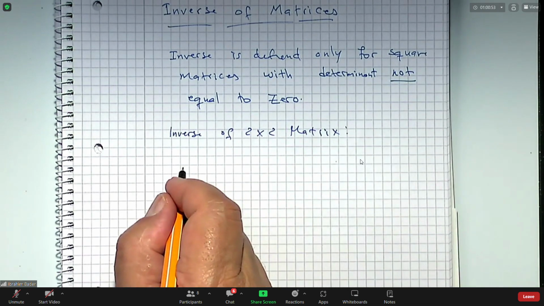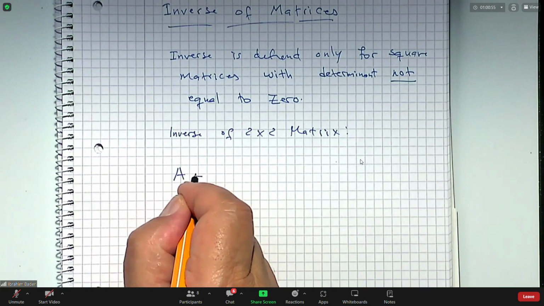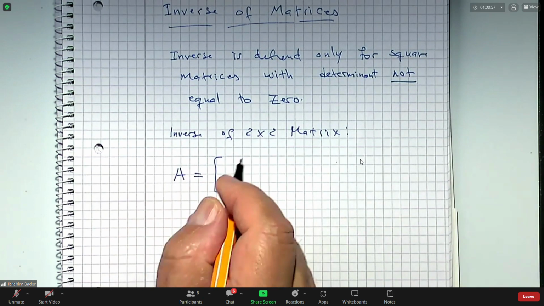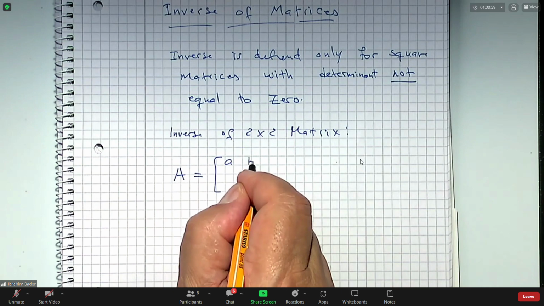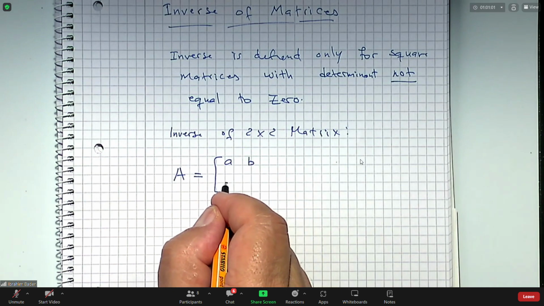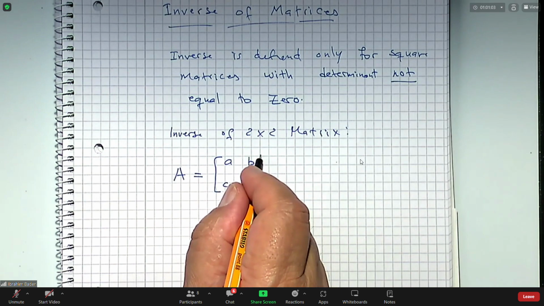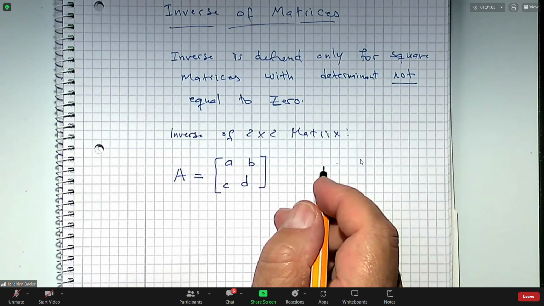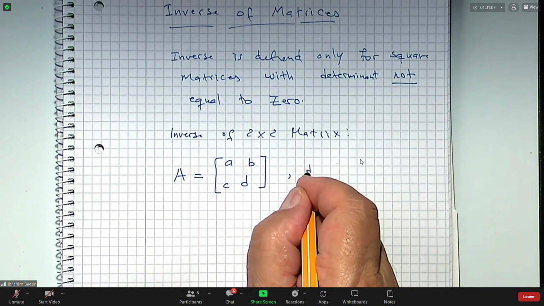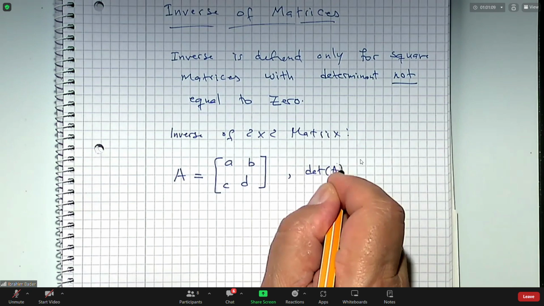Okay, so let's assume A is the matrix that has the 4 elements. It's a 2 by 2 matrix: a, b, c, d. And let's assume that the determinant of A is non-zero. Okay?